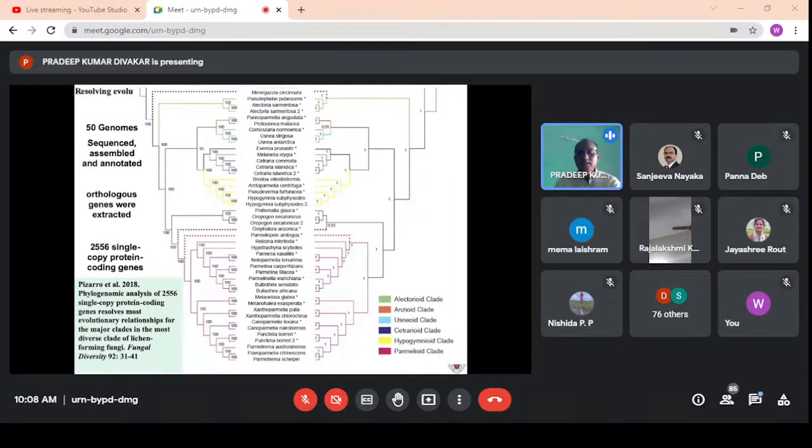And then I put the topology of both, to see whether they were congruent or not, and you can see most of the phylogenetic relations were congruent between the gene tree and species tree, except a few relations that I have shown with the dotted lines. So there was incongruence in the phylogenetic relation in the Pamelinopsis and Omphilora.